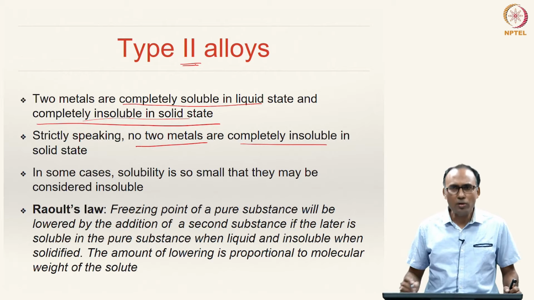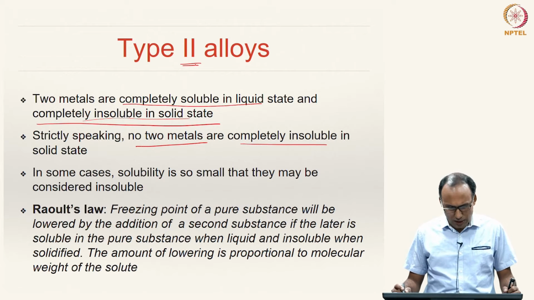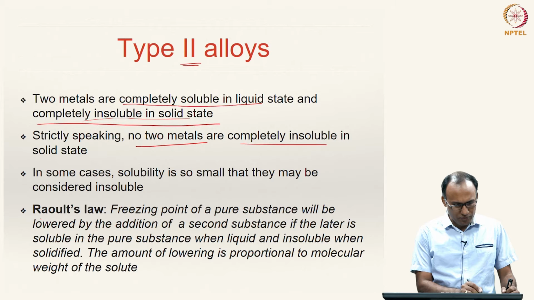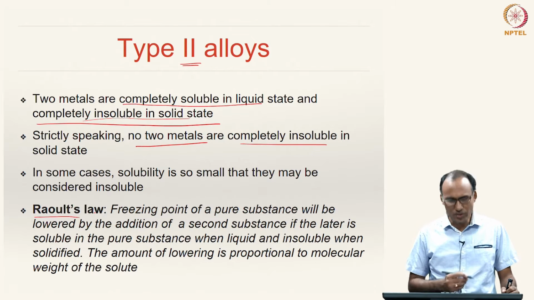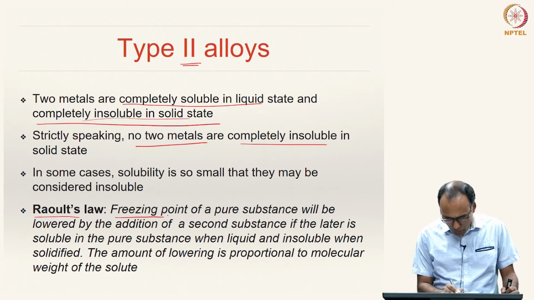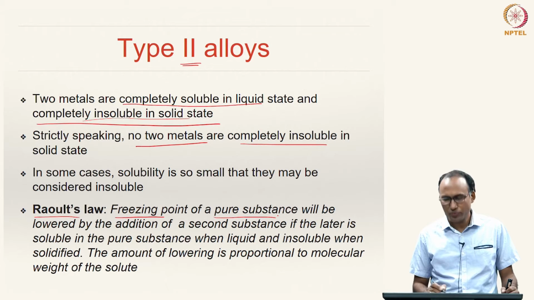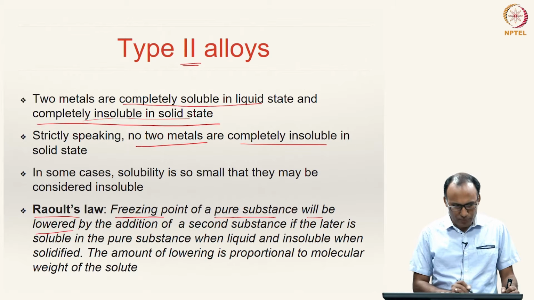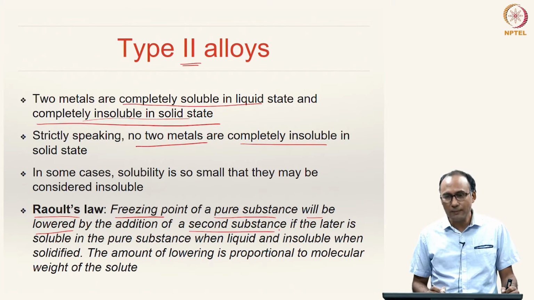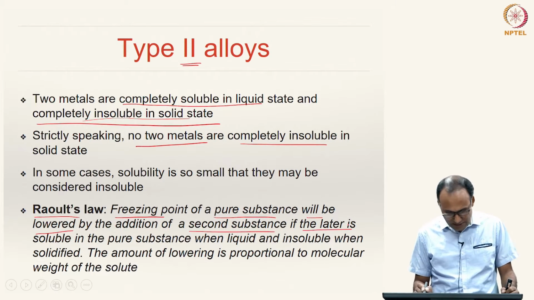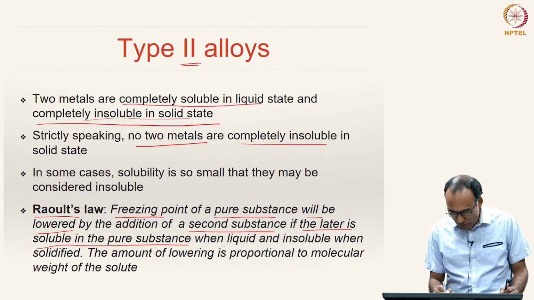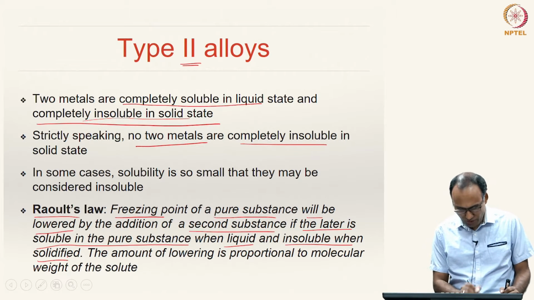Before we start looking at the phase diagram of this kind of type 2 alloys, we will first go through Raoult's law, which states that the freezing point of a pure substance will be lowered by the addition of a second substance if the latter is soluble in the pure substance when liquid and insoluble when solidified.